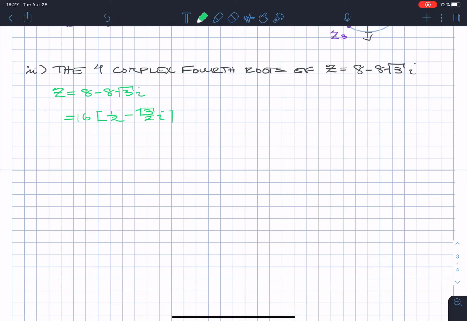So at what angle is cosine positive 1/2 and sine is negative root 3 over 2? That would be at negative pi over 3, otherwise known as 5 pi over 3. So this is cosine of 5 pi over 3 plus i times sine of 5 pi over 3.